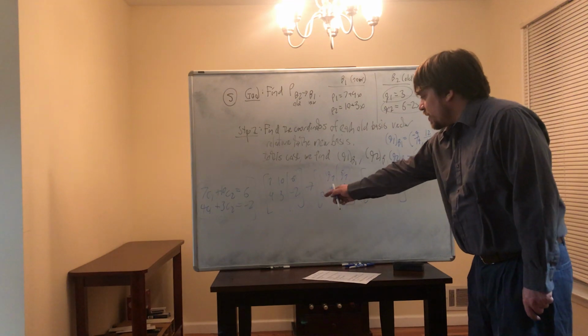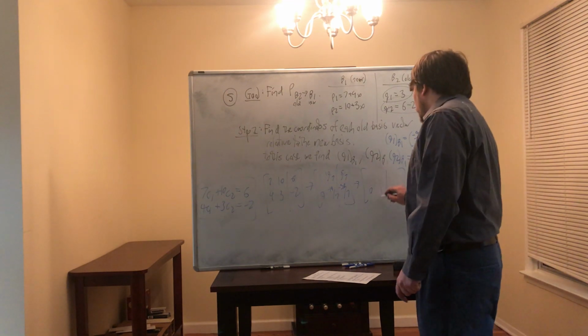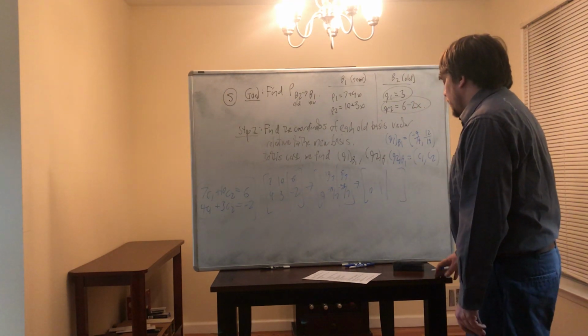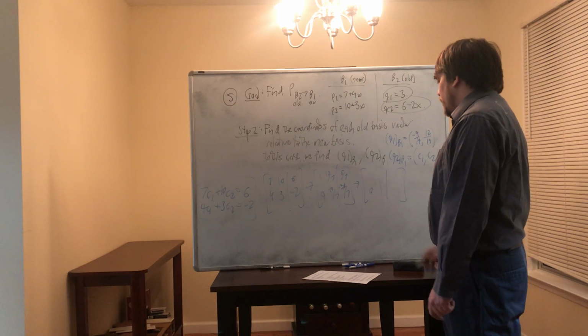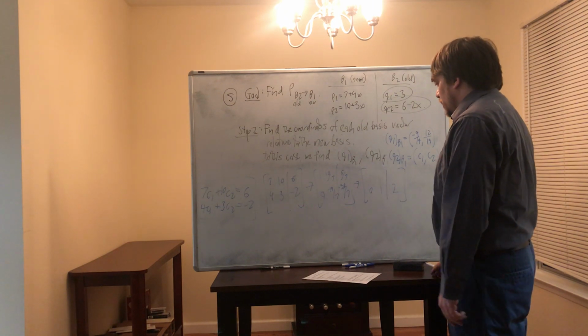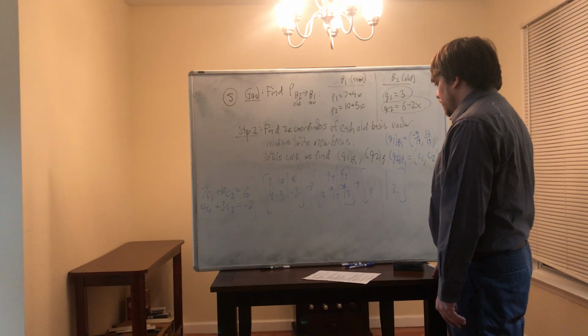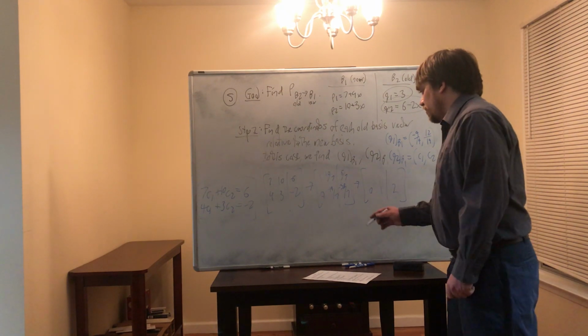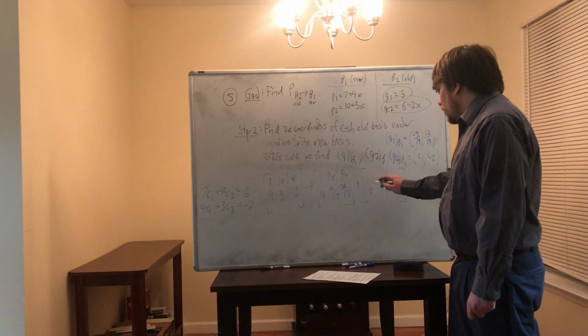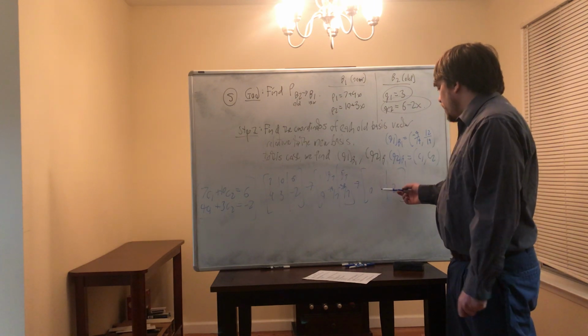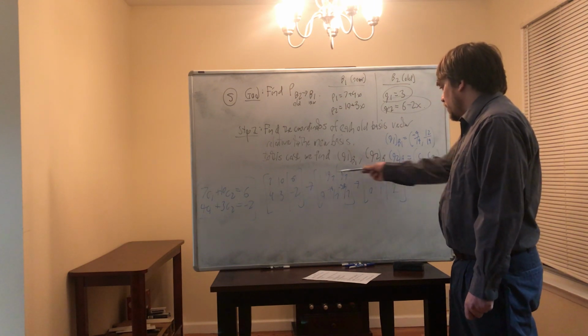Okay, so I'm going to multiply the second row by negative 7/19. And so then you get 0, 1, 2. And then you still have this row. So I'm going to take negative 10/7 times this row and add it to that row.